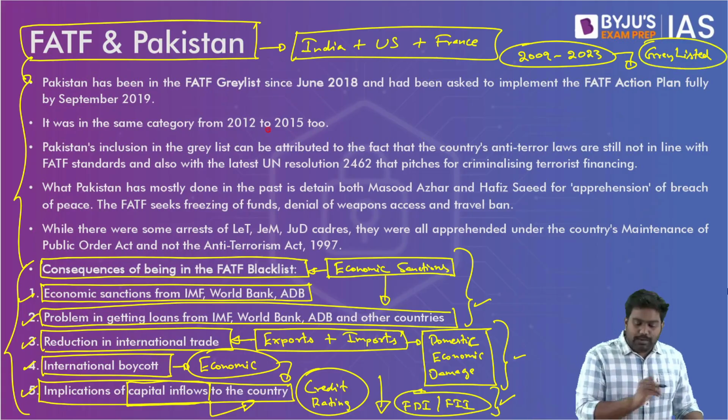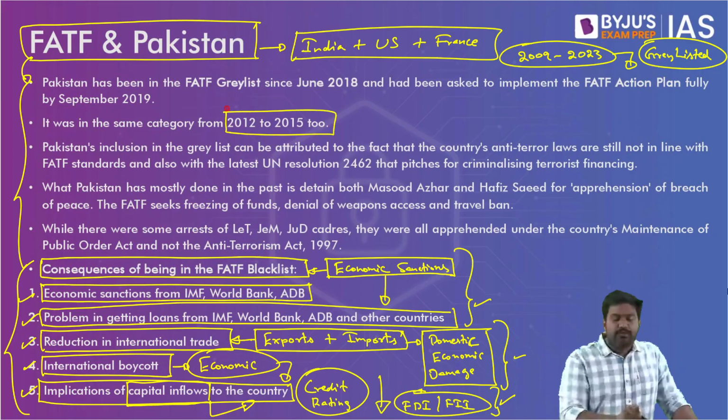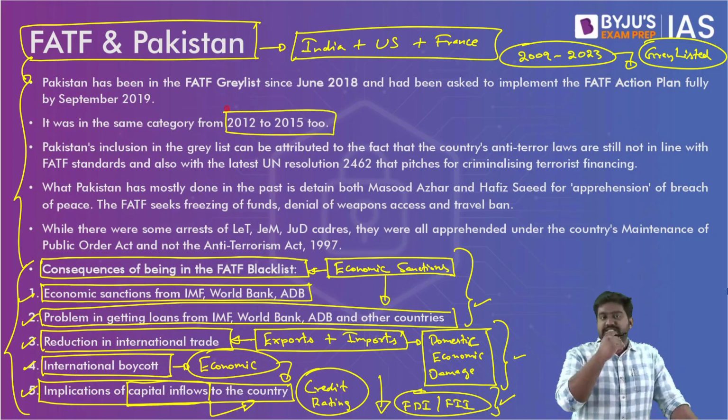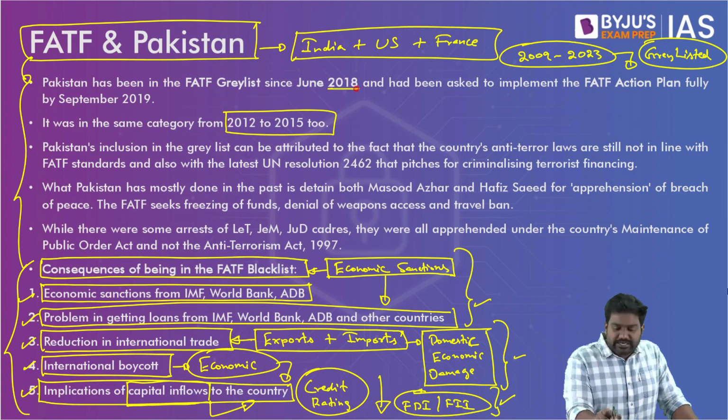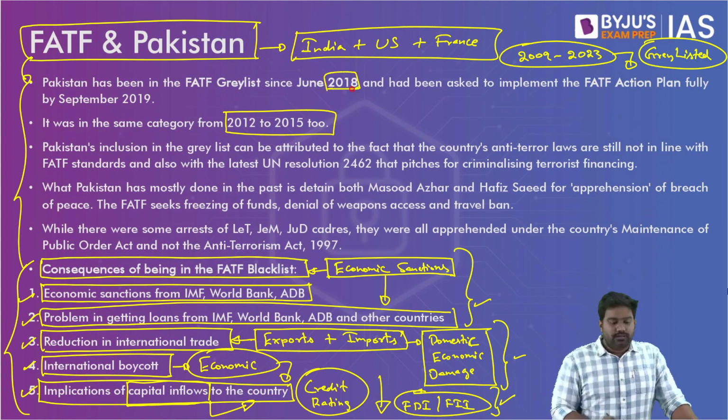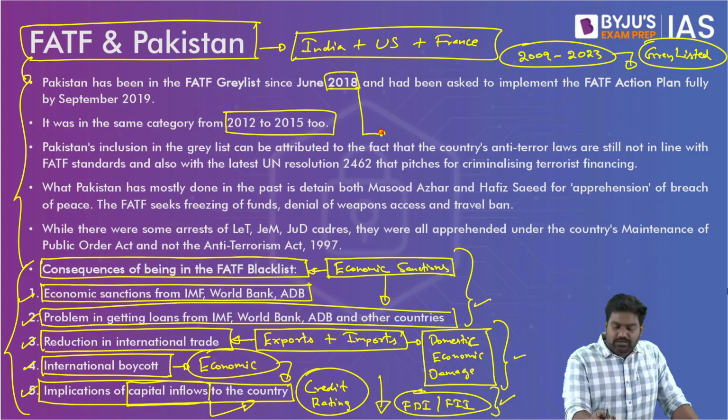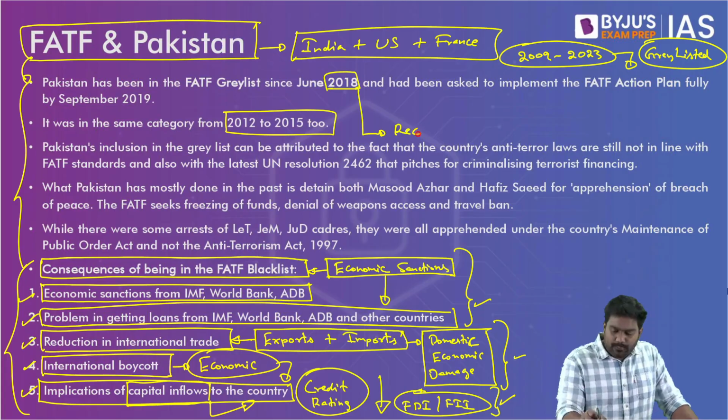Once after the Mumbai attacks, it showed some changes, some progress, so it was removed from the grey list. Again, it was grey listed in 2018. It remained on the grey list until recently, and it has been recently removed because of the progress it has shown.